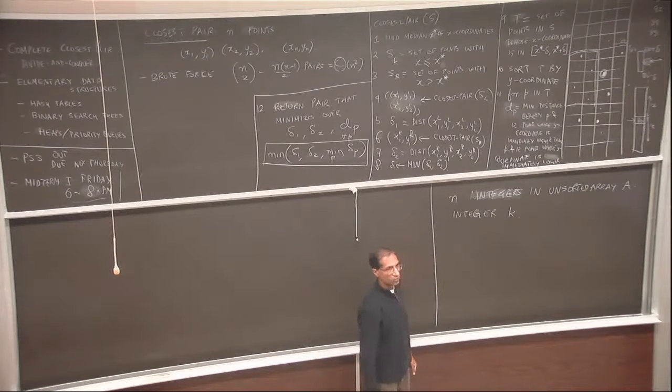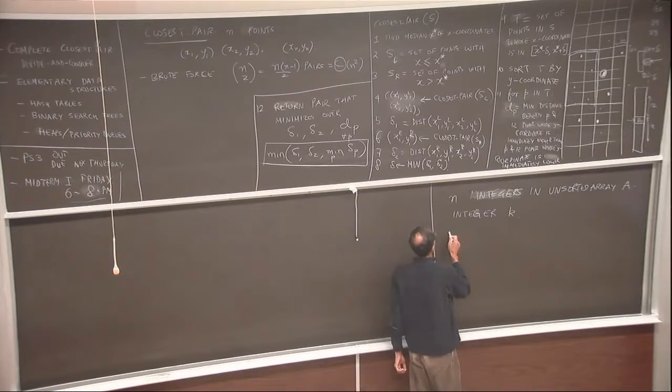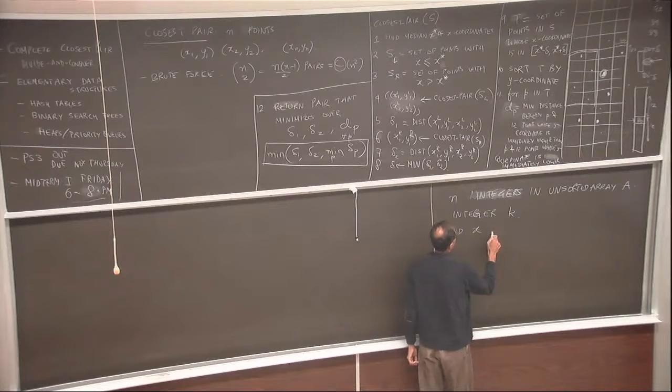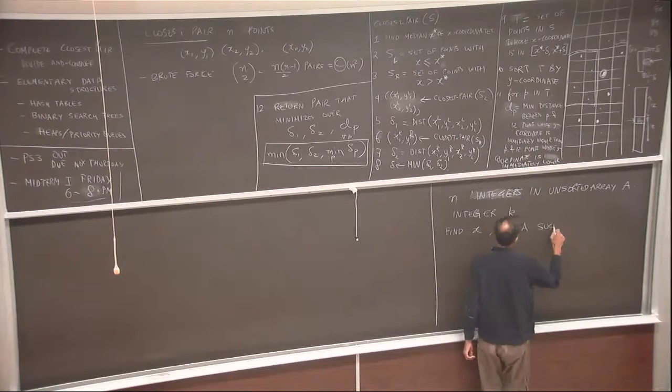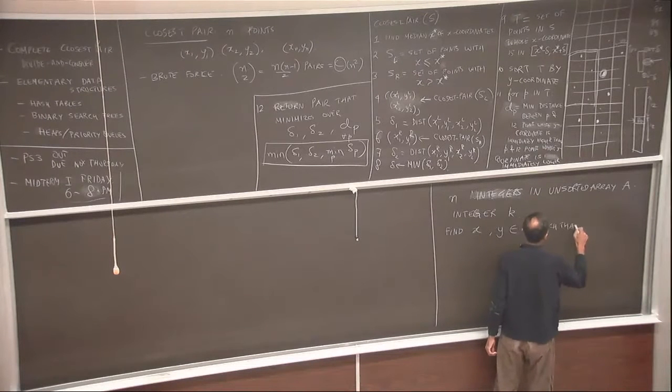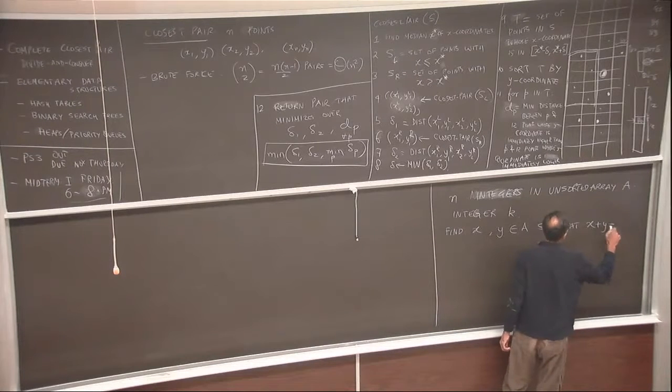I ask you the following: find x and y belonging to A such that x plus y equals k.